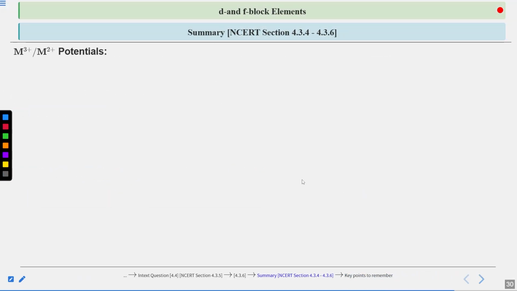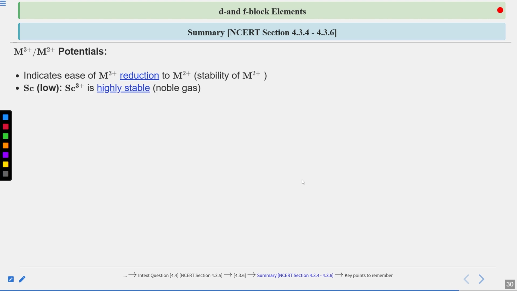Now M3 positive to M2 positive potentials indicate the ease of M3 positive reduction to M2 positive. Scandium has a low value because it is highly stable in the 3 positive because it is having noble gas configuration after releasing its 3 electrons.